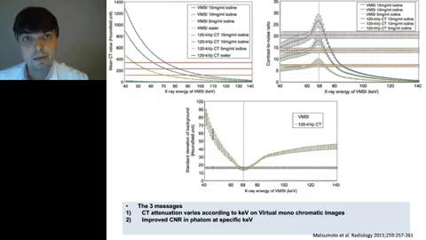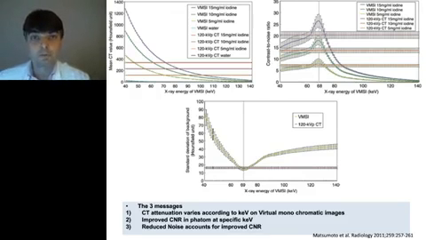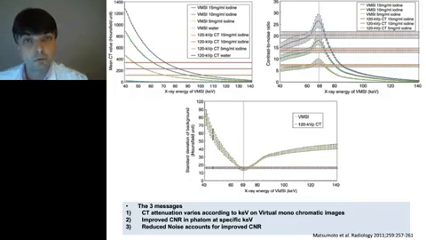And why is that? Because at that energy level, you had a reduced noise which accounted for the optimized contrast to noise ratio. When you go too low in the keV levels, you have too much noise. Of course, when you go too high, maybe you have the same level of noise, but you reduce the signal.